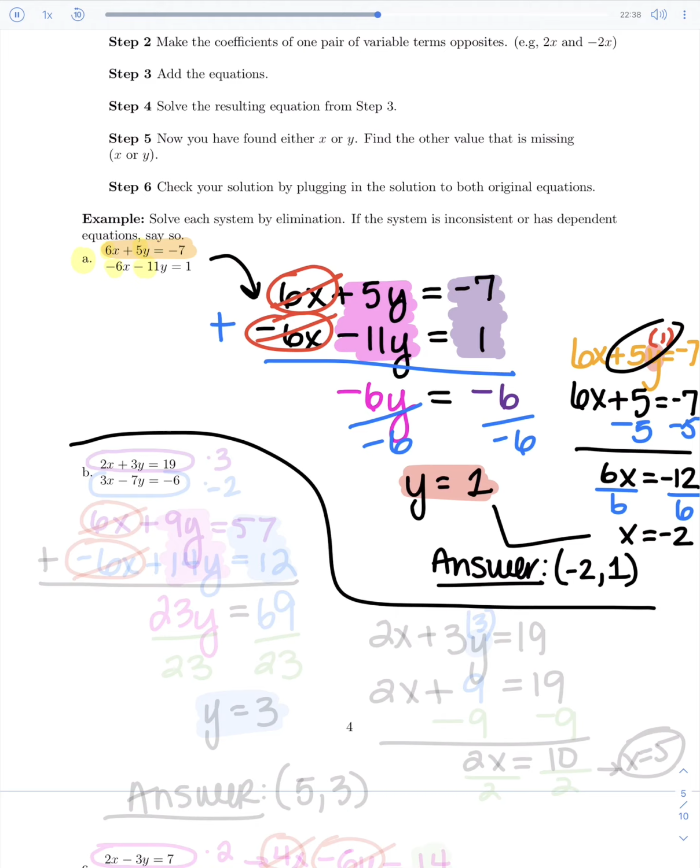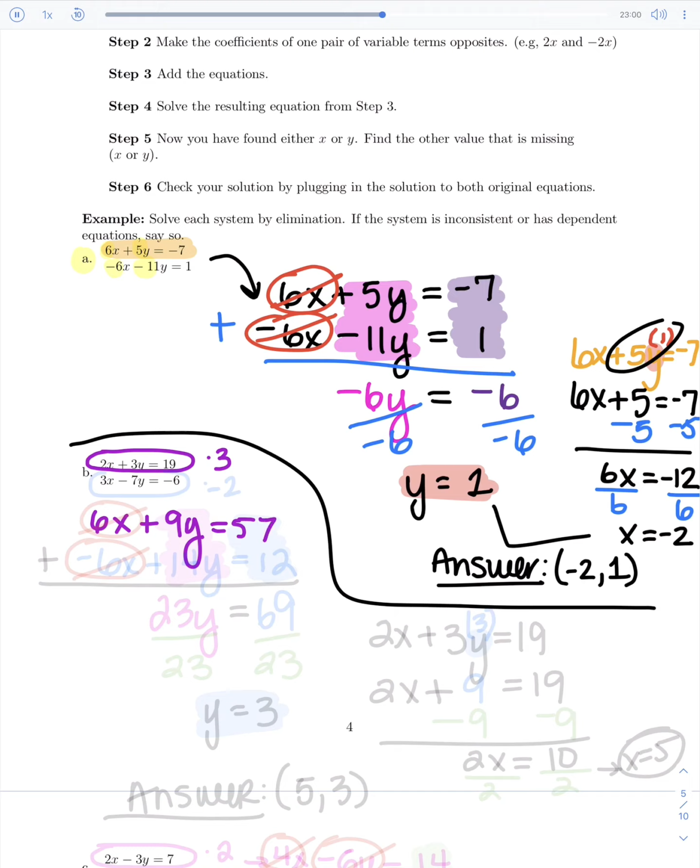Well, let's start out with the first equation. To turn that 2 up on top into a 6, I'll multiply the whole thing through by 3. This will become a 6x plus 9y. Then don't forget the 3 also has to get multiplied by the 19 on the other side, which will get us a 57.